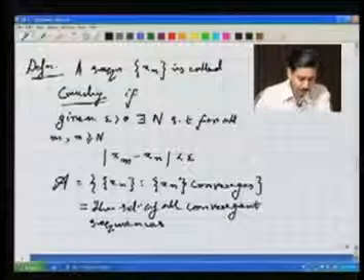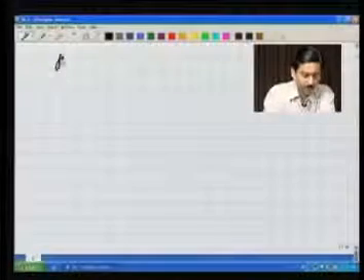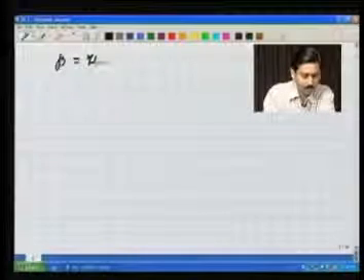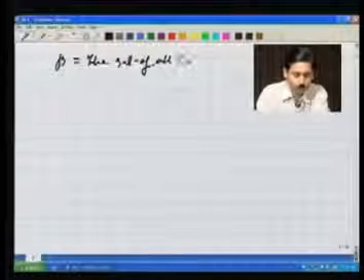And then I define a set B as the set of all Cauchy sequences.